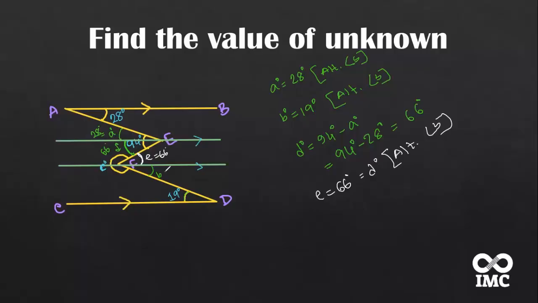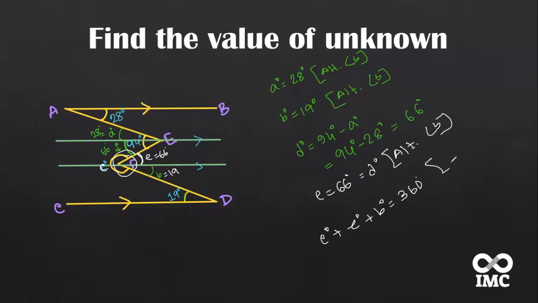Now, we can say B is 19, E is 66, and C, this angle, we need to find it out. And these three angles will make 360. Okay, because these three angles will make a complete revolution. So we can write C degree plus E degree plus B degree will make 360 degree.